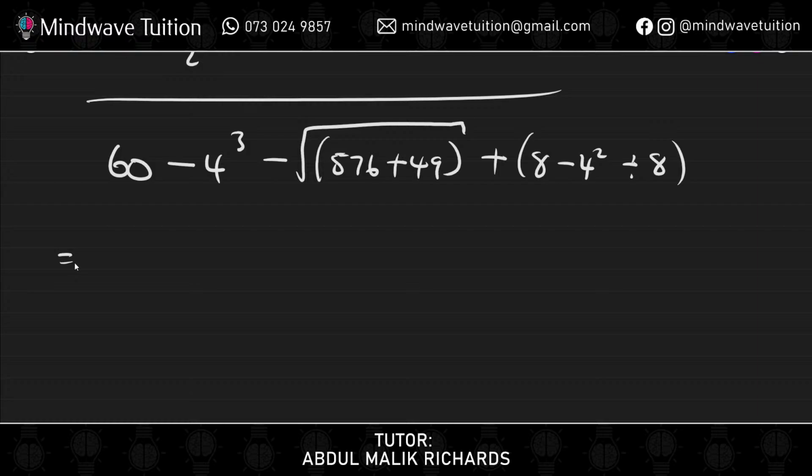60 minus 4 to the power 3 minus the square root of 576 plus 49 plus 8 minus 4 squared divided by 8. So this is going to be 60 minus 4 to the power 3 is 4 times 4 times 4, minus, here we need to add, so 576 plus 49.